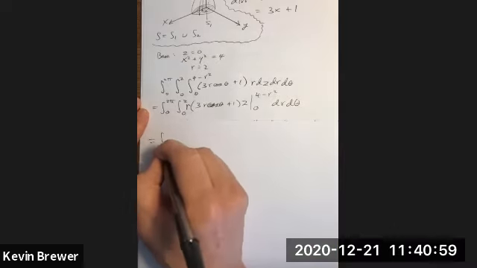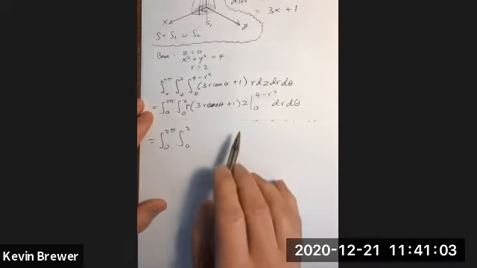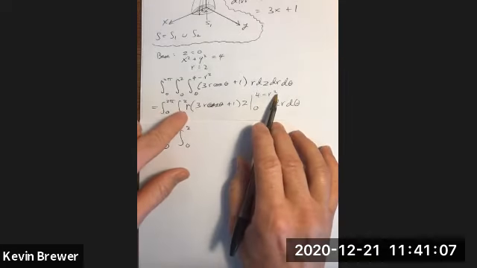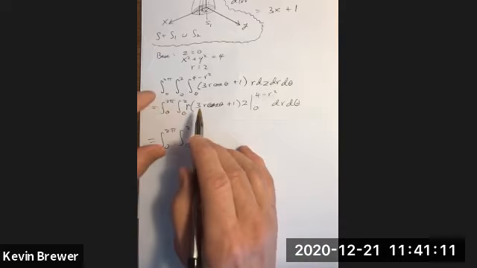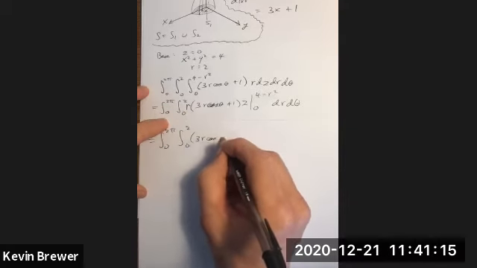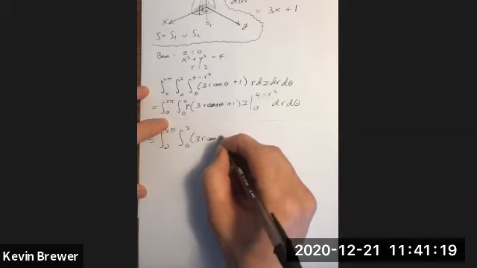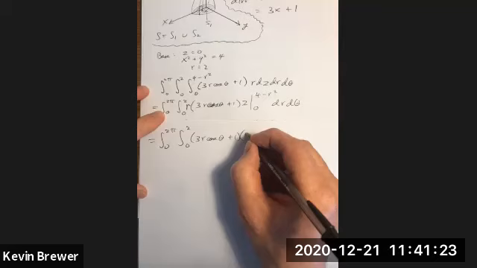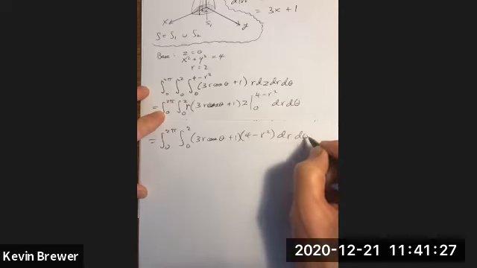Okay, so 0 to 2 pi, 0 to 2. So this is just going to be 4 minus r squared. For the purposes of multiplying this out, I'll go a little slower. 3r cosine theta plus 1 times 4 minus r squared dr d theta.